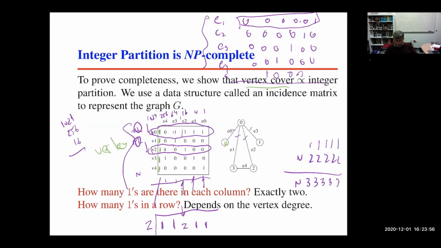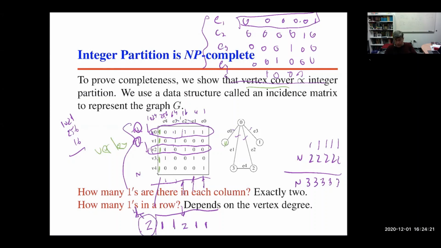If I have a vertex cover of size k, and I add up the numbers corresponding to it, the leading digit is going to be k, because I'm adding up k of these things and they all have leading bits.